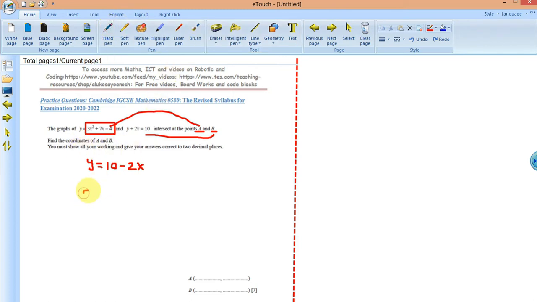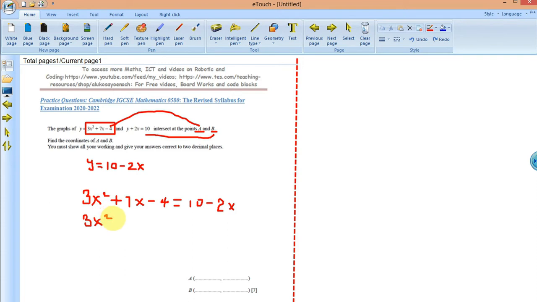Okay guys, let's go ahead and do that now. So I'm going to write 3x squared plus 7x minus 4, which is the equation of the first line, equals 10 minus 2x. Then we go ahead and collect like terms. So I have 3x squared.